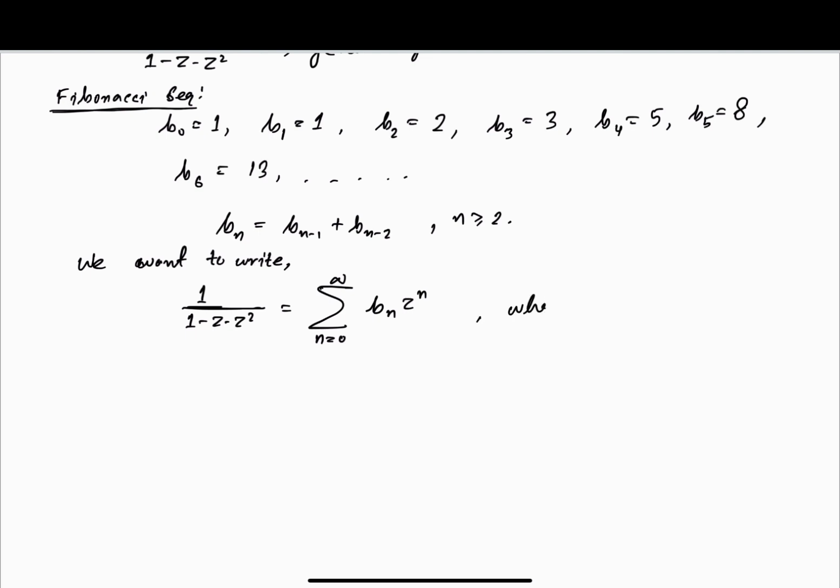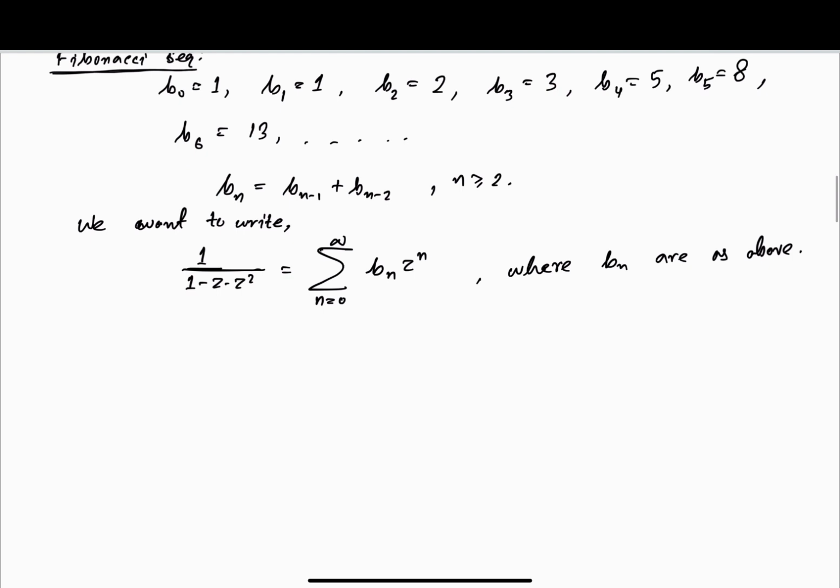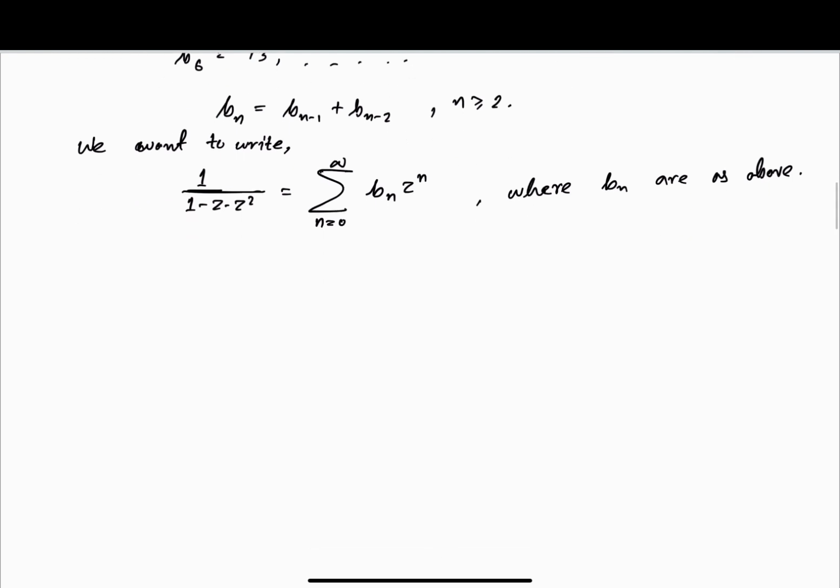Where bn are as above. So let's first prove this. Let f(z) be this series, the summation of bn z to the power n. This is the formal power series. How can you write it?